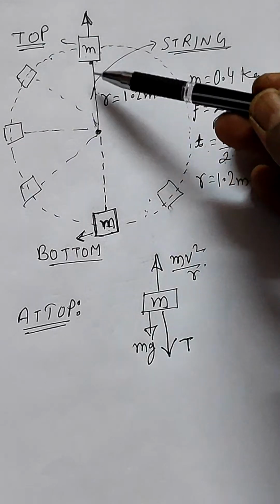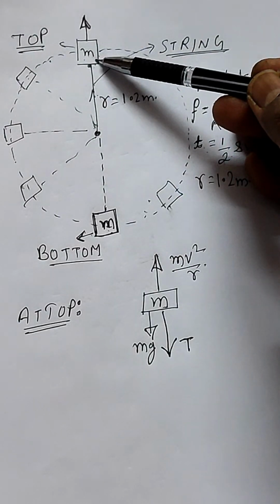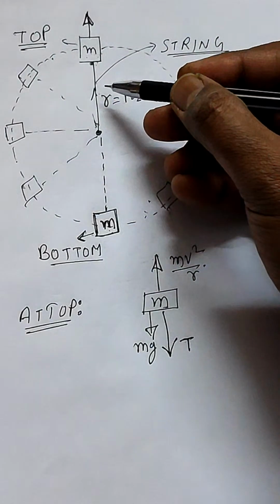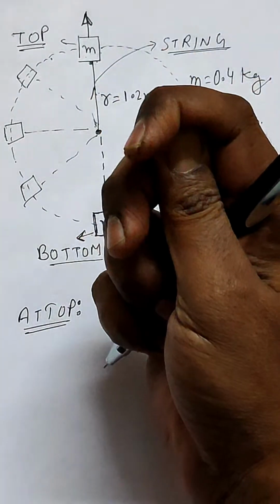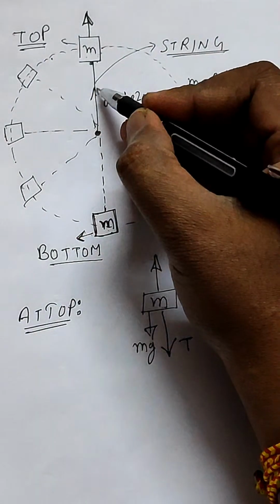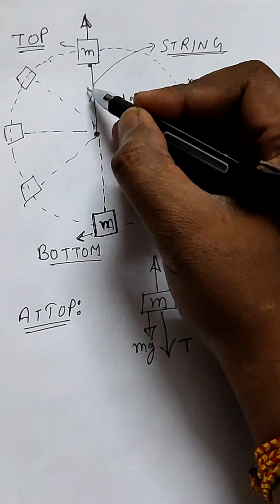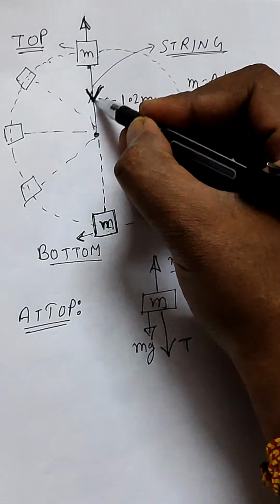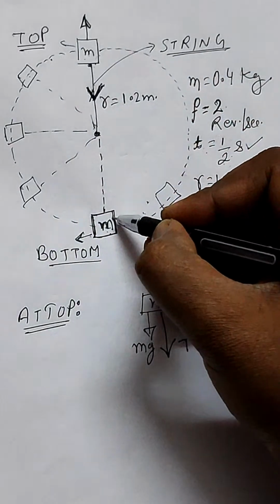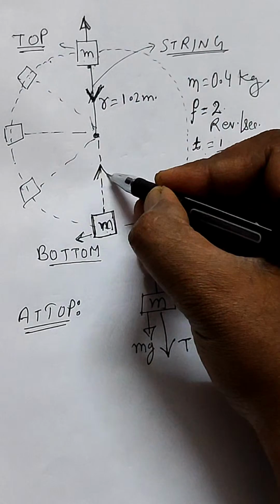You can see here at this position, the tension will be acting downward because you are holding the string. Okay, so the weight and tension here, tension will be acting like this, and when the body is at this position, tension will be acting like this.